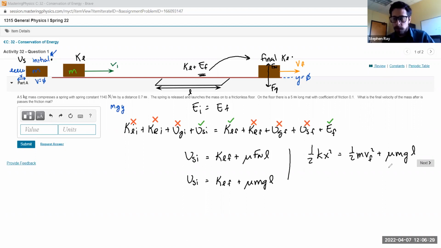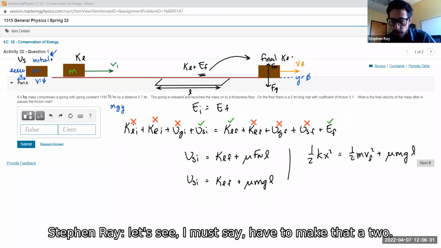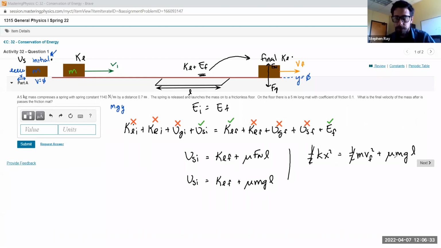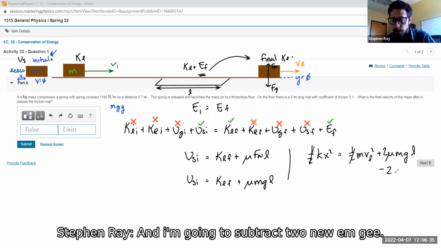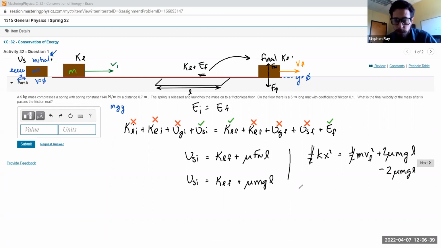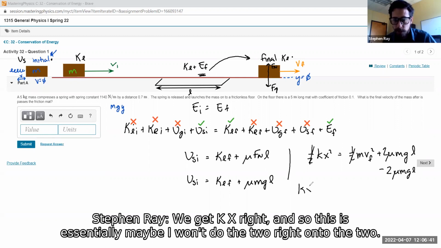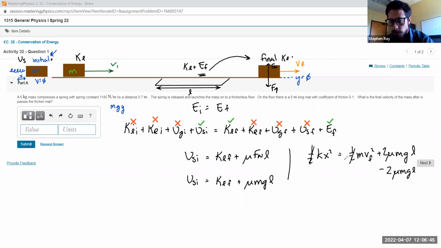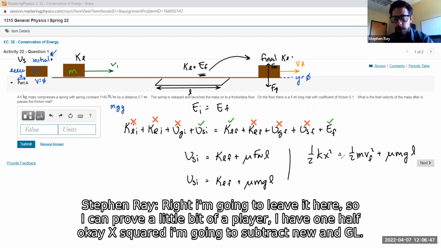Let's see. I'm going to leave it here so I can prove a little bit of a point. I have 1/2 kx squared.